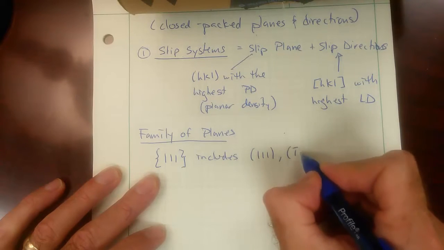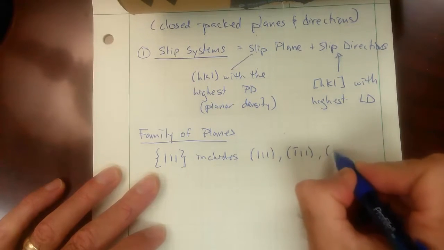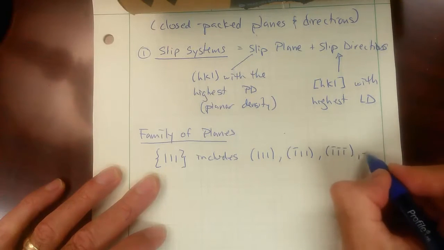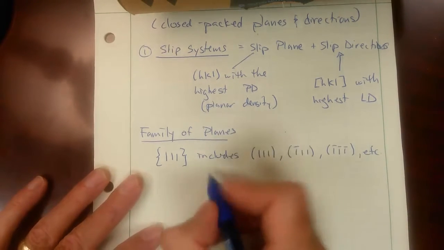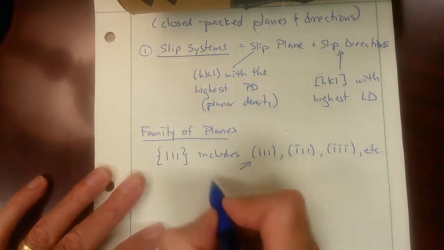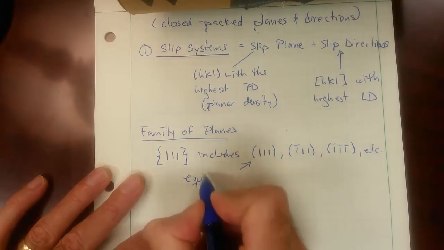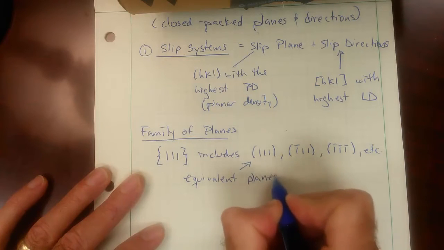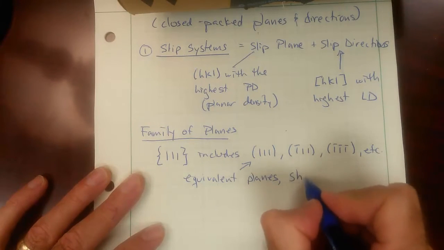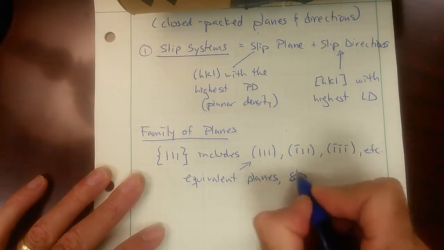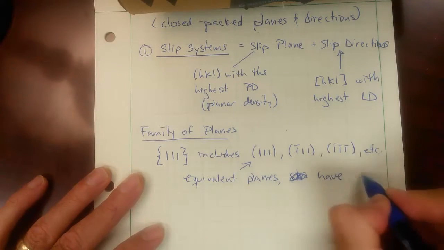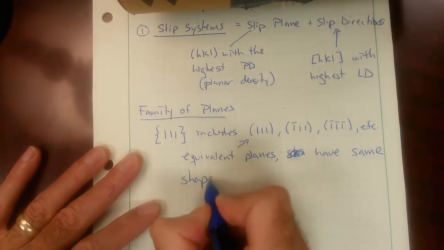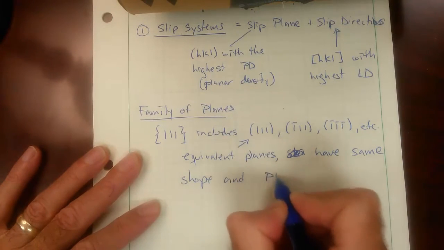So 1, 1, 1, negative 1, 1, negative 1, 1, 1, three negatives, etc. These are all equivalent planes in that they have the same shape and planar density.